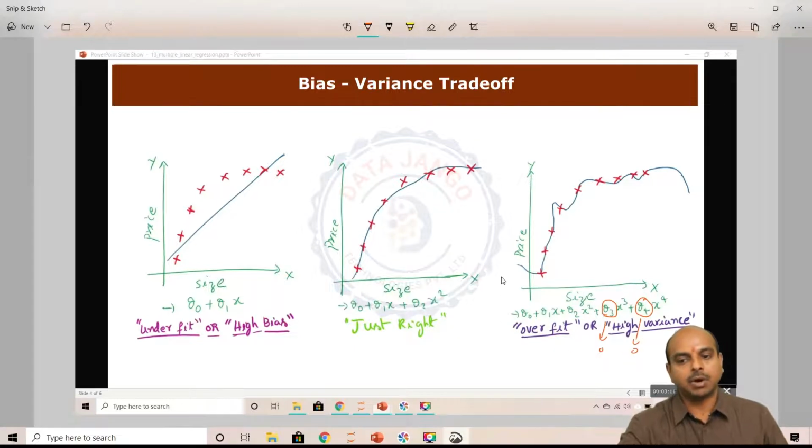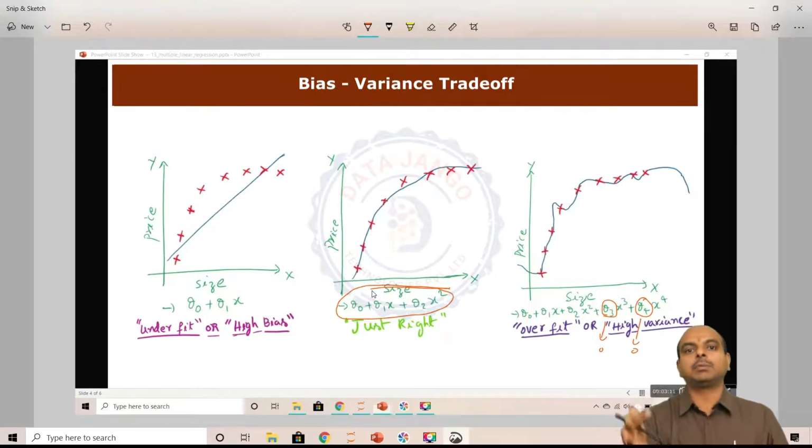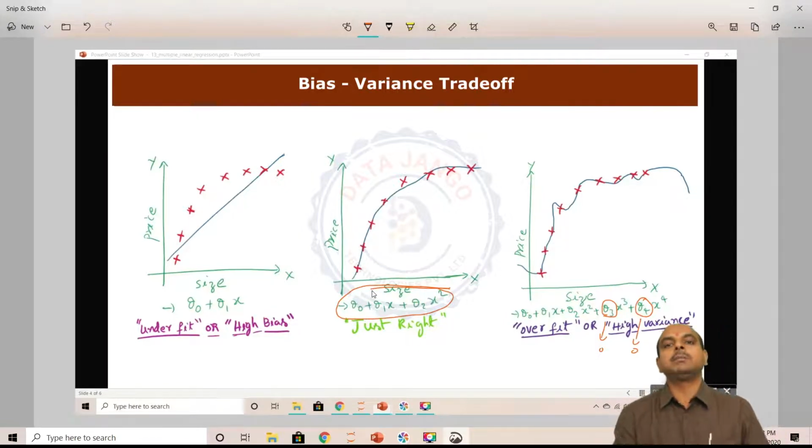That model will actually fit well. That will become an equation like this. When you make theta 3 and theta 4 0, it becomes a second degree polynomial. In the quest of finding the best model, you have actually fitted a fourth degree polynomial, and now you need to eliminate the features x3 and x4.